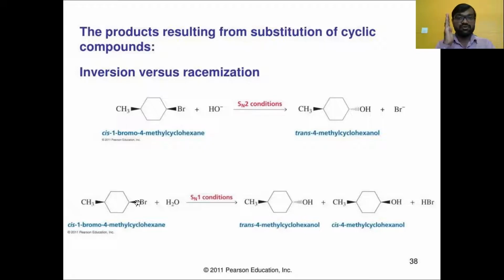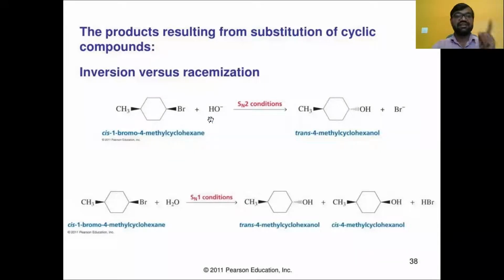Carbocation happens to be a planar molecule. So water may attack from the left hand side, or water may attack from the right hand side, and it can form two different isomers. Left side attack gives एक isomer, or right hand side attack gives a दूसरा isomer. That way, two different isomers can be formed in Sn1.